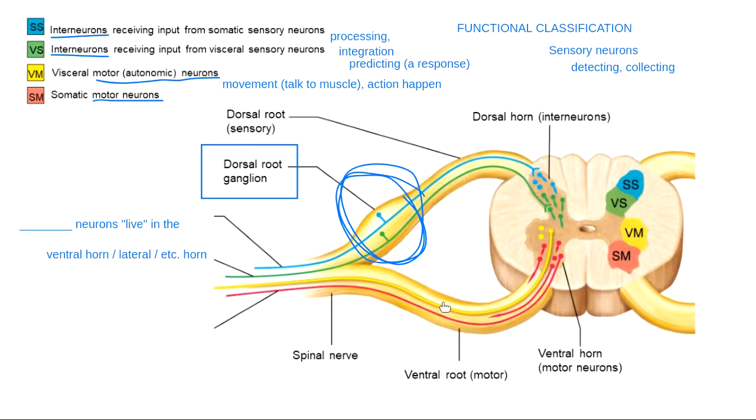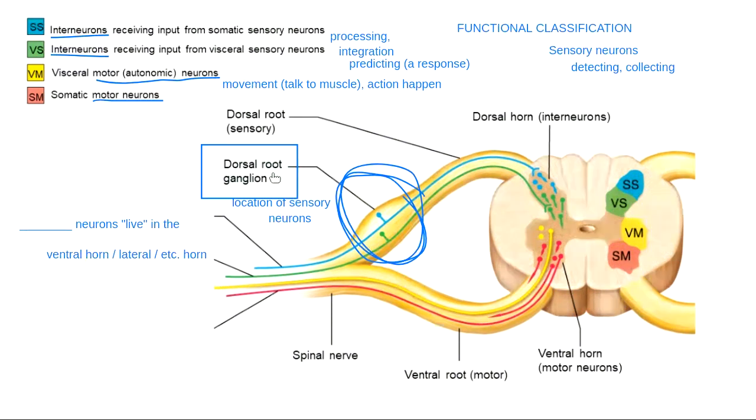So dorsal root ganglion, absolutely must know this for lab because it helps me tell front from back. The reason we absolutely must know it for lecture is because this is the location of sensory neurons. Location of sensory neurons, the dorsal root ganglion.